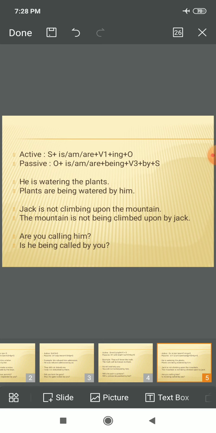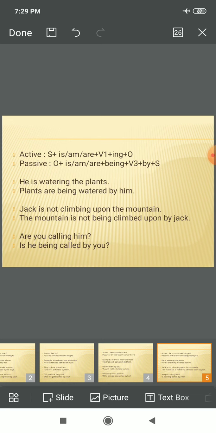Yes, the mountain is not being climbed upon by Jack. Don't miss the preposition upon here. Two prepositions would come here consecutively, upon and by. Be very careful. The mountain is not being climbed upon by Jack. Right? I hope that's clear.